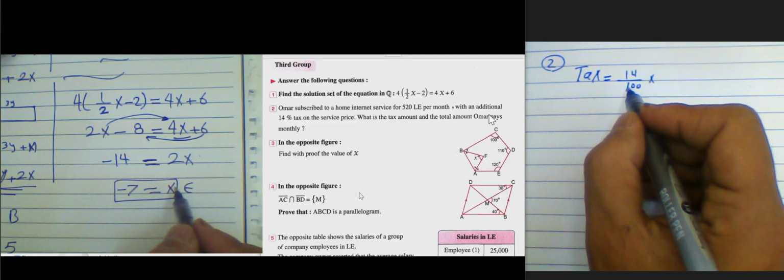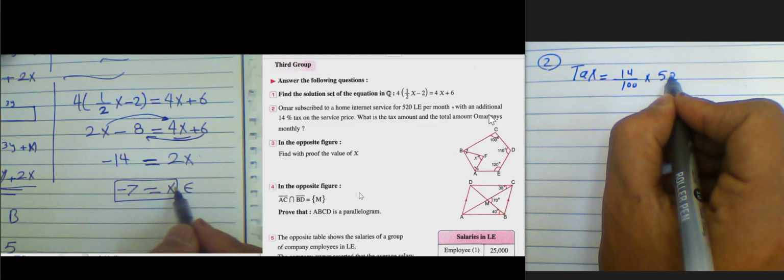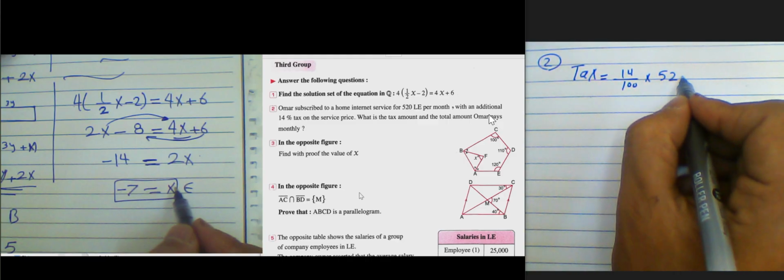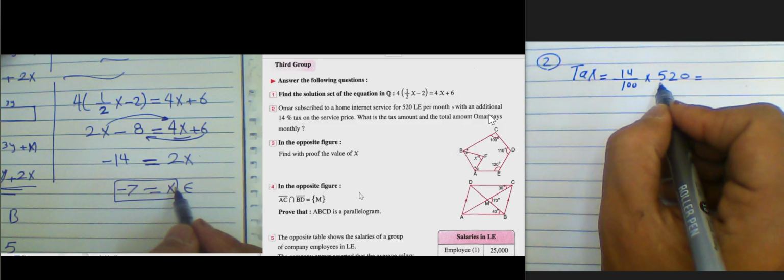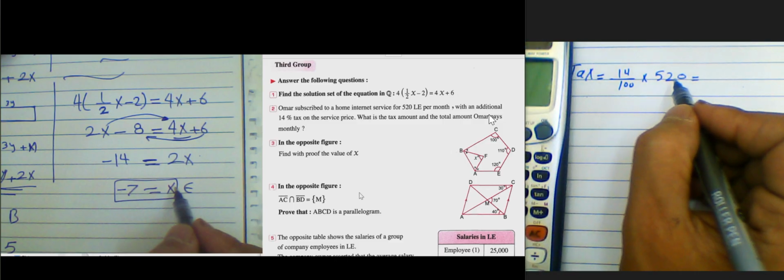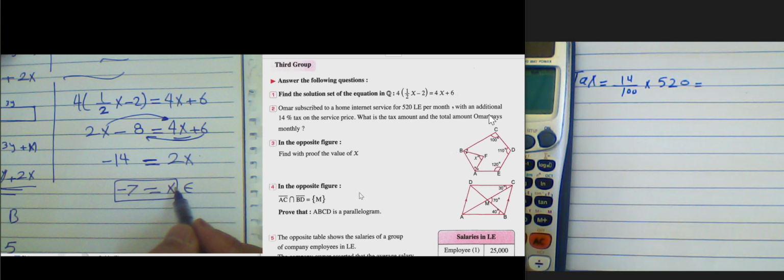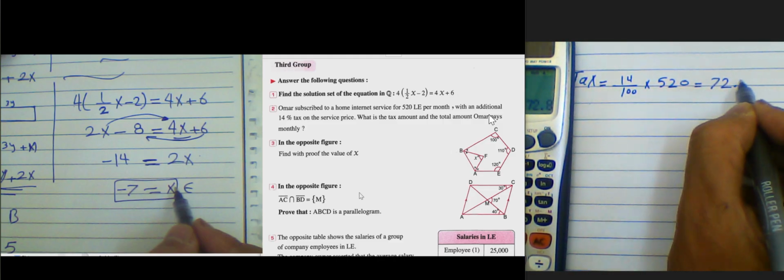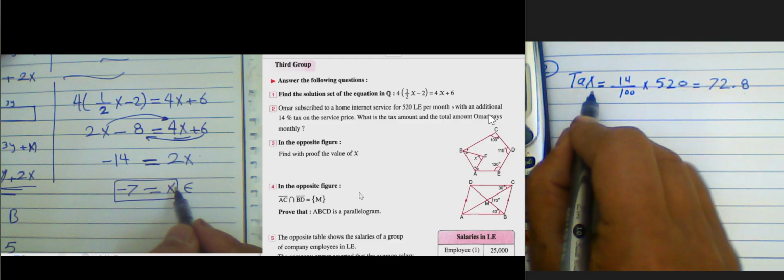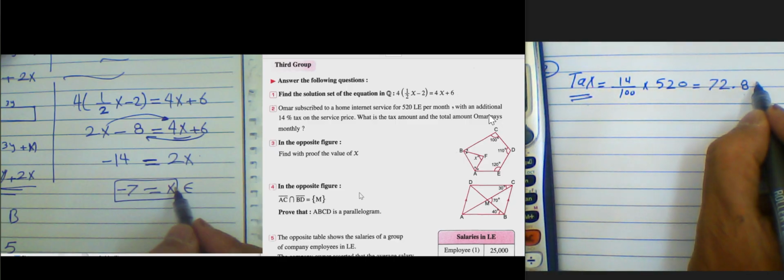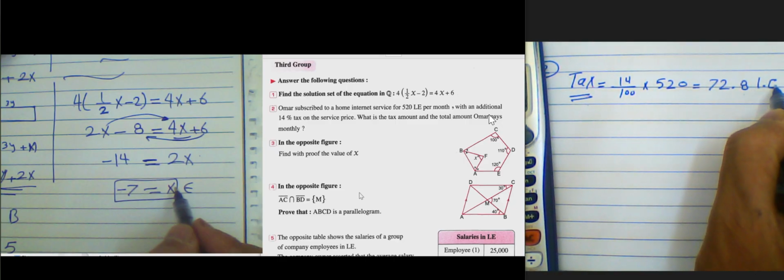The total money here was 520. We can use a calculator to find the tax first: 14 divided by 100 times 520. Then the tax will be 72 and 8 tenths Egyptian lira.